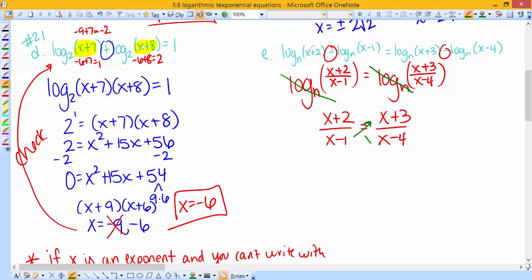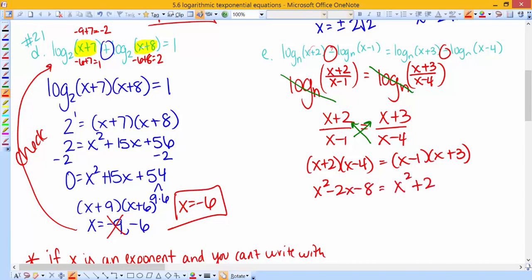Now I must cross multiply. X plus 2 times x minus 4 equals x minus 1 times x plus 3. So I'm going to multiply this out. I'm going to use mental math. X squared minus 2x minus 8. If you need to work it out, go ahead. X squared plus 2x minus 3. What's nice is the x squareds will now cancel.